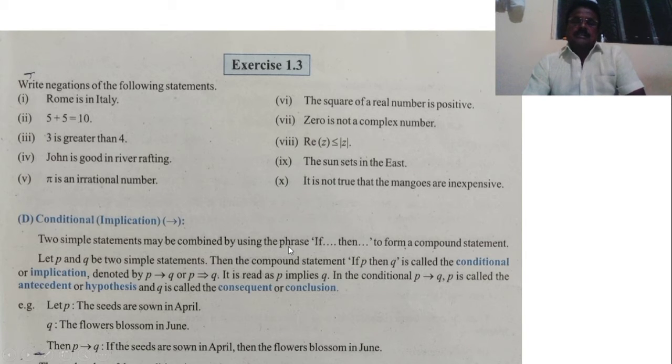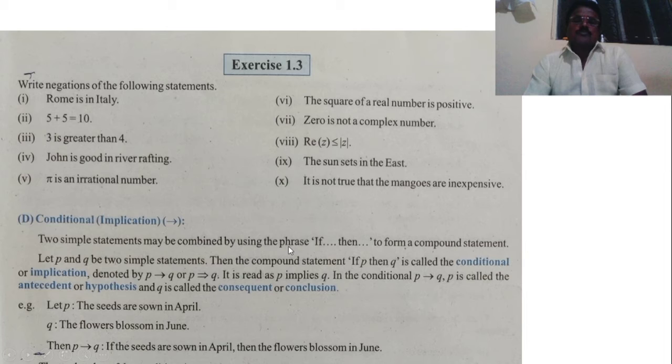Its negation is: the sun does not set in the east. Next, number 10: it is not true that the mangoes are expensive. Its negation is: it is true that the mangoes are expensive.